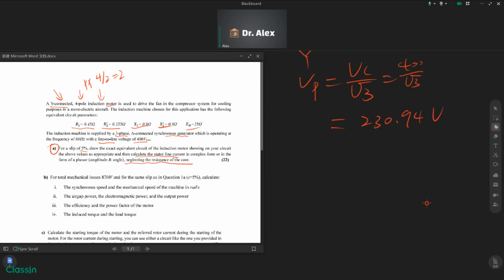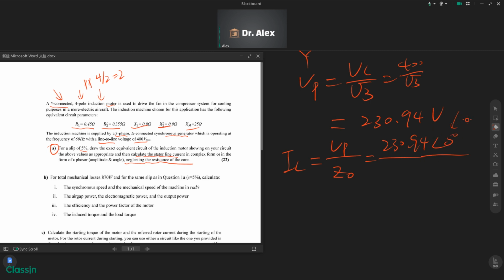So finally, we can get the expression for the total line current in the stator, which is the phase voltage divided by the total impedance, which is 230.94 angle 0.